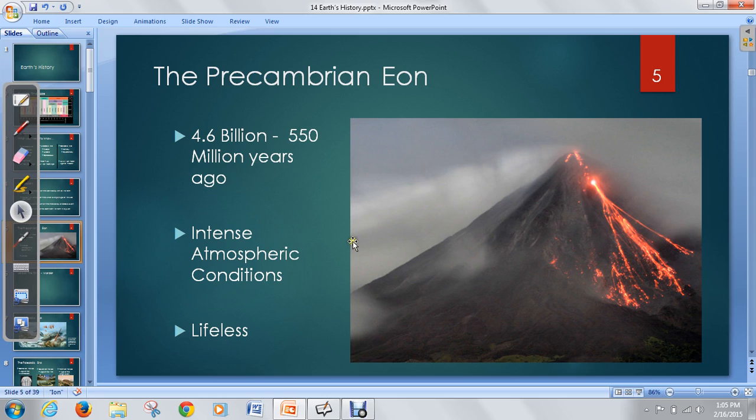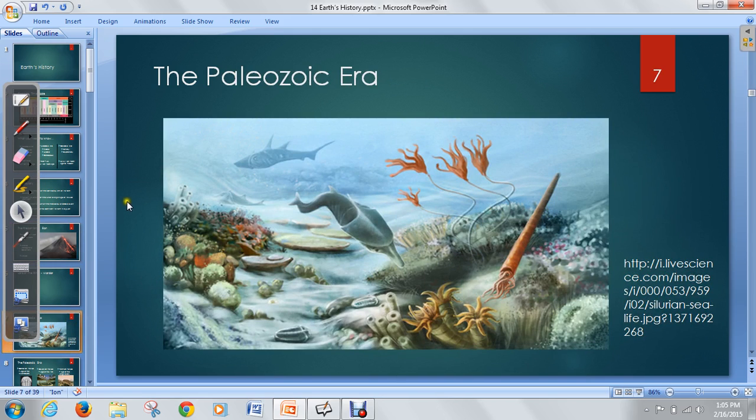It's pretty lifeless around this time, except for some bacteria that form and things like that. But this is the Precambrian time. Not a lot's going on until some water, we assume, either comes up from the mantle or comes in some other form, and we start to get some oceans. Once that happens, we go into the Paleozoic era.